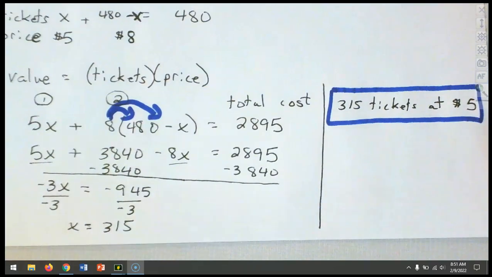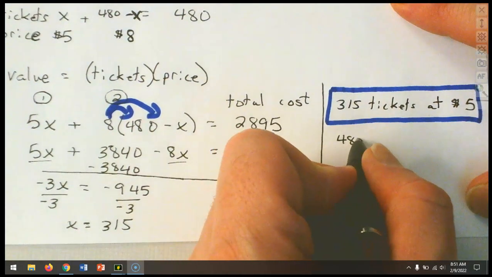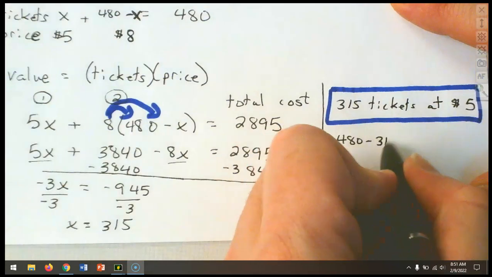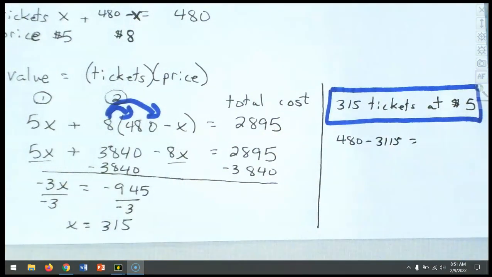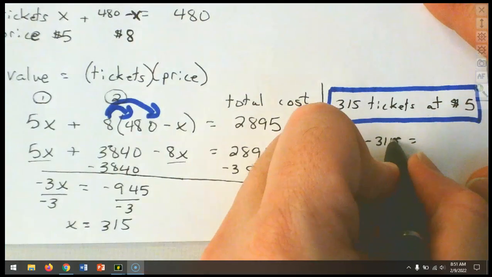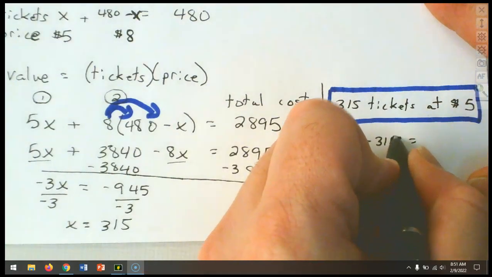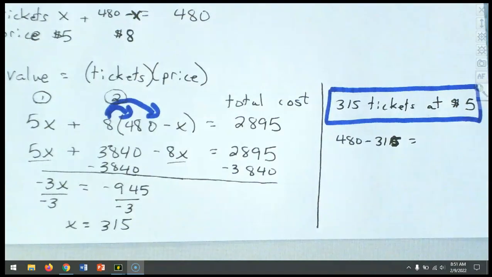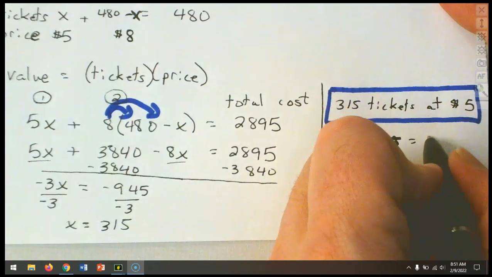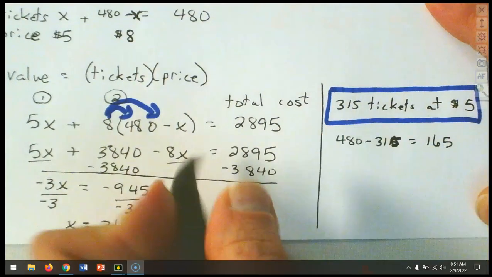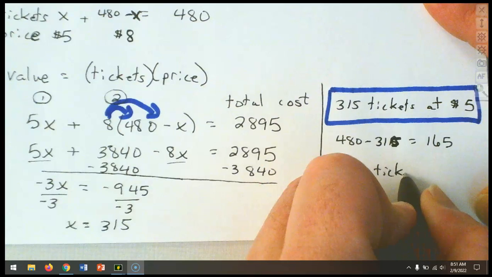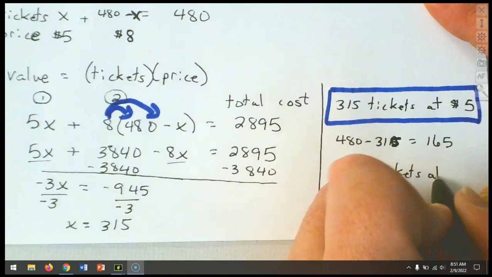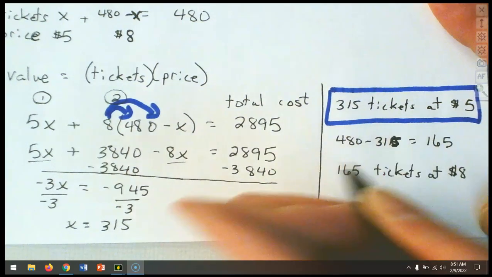Well, that's going to be 480 minus 315. So 480 minus 315 is a difference of 165. So we've got 165 tickets at $8 a piece.